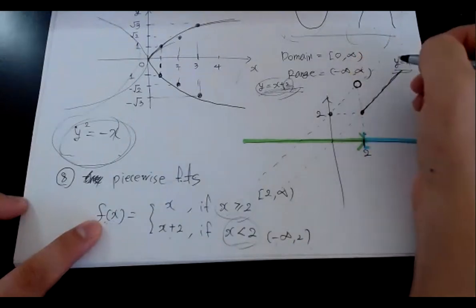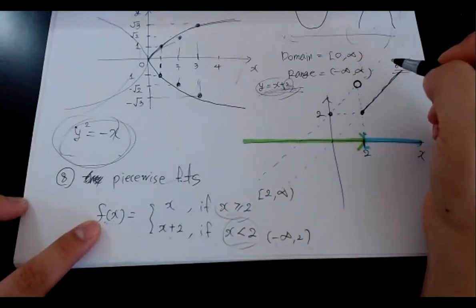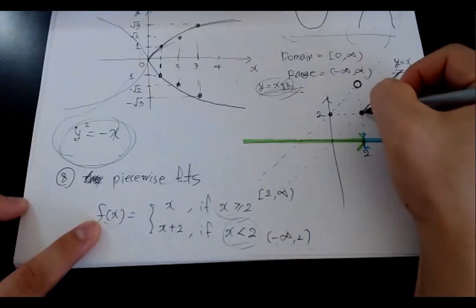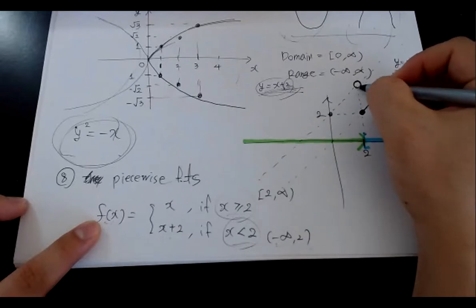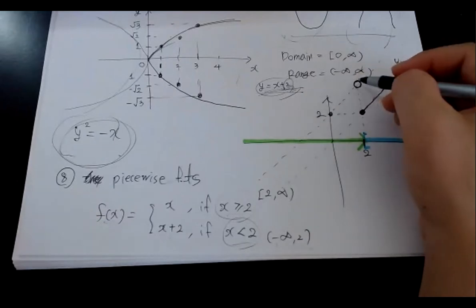open ball, and the closed ball, right? The closed ball here. So open ball means that the y value is not defined at this number, at this point. I'm sorry.